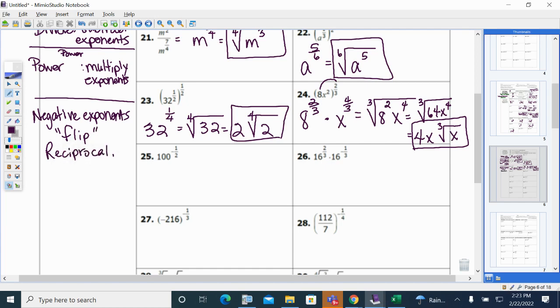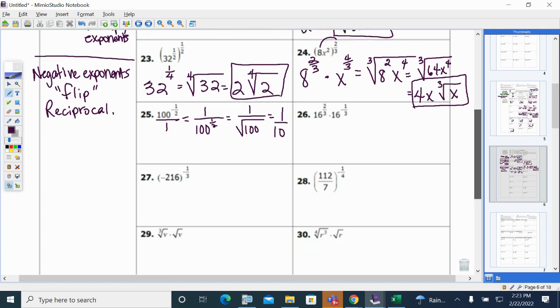So 100 to the negative 1/2 power. Again, we're going to have to look at this like it's a fraction, and we're going to flip this fraction. And the 100 is going to go down to the denominator, and that negative 1/2 becomes positive. So now let's look at this in radical form. I have the square root of 100, which is 10, and my answer becomes 1/10.